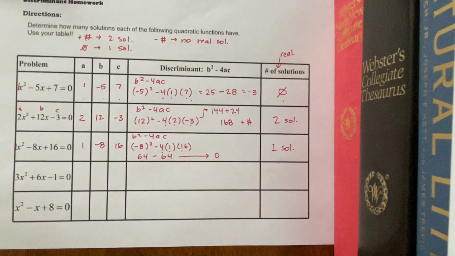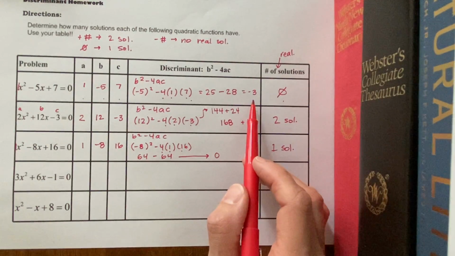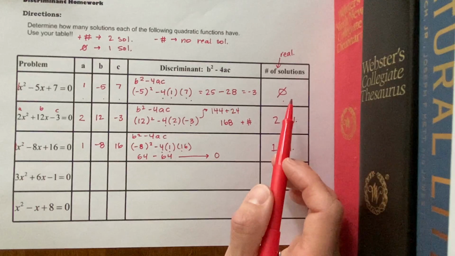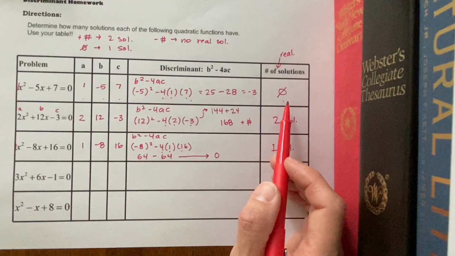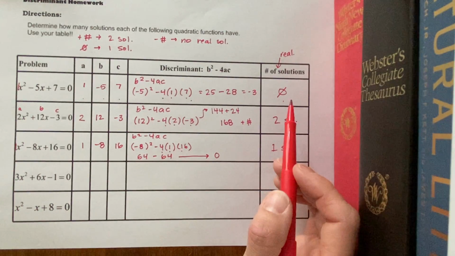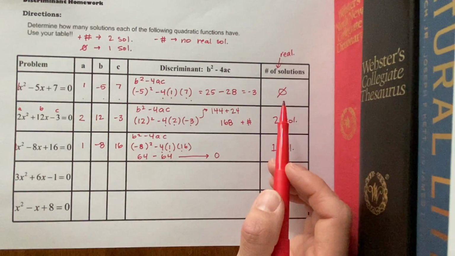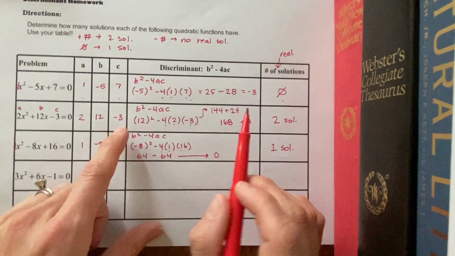And the reason why you do this, again, is because it's really to see how many times you have to do the quadratic formula. So if I get this negative number in this top example, I know it's not going to have any real solutions, so I don't have to do the quadratic formula because I know I'm not going to get an actual answer.